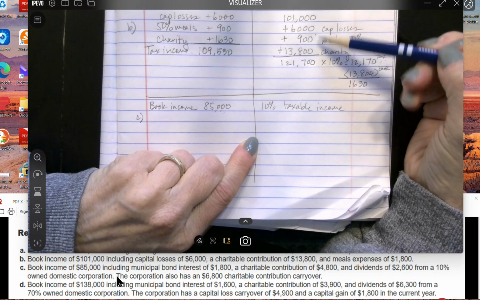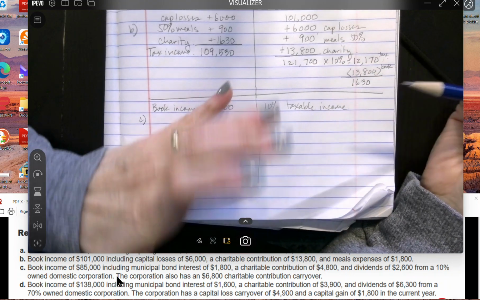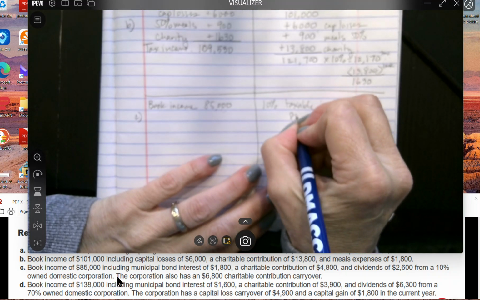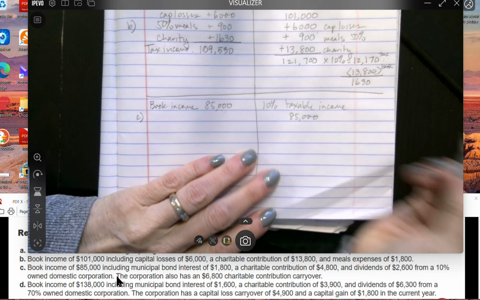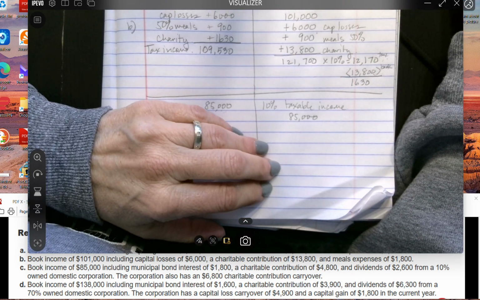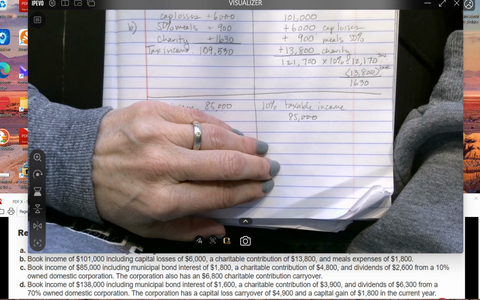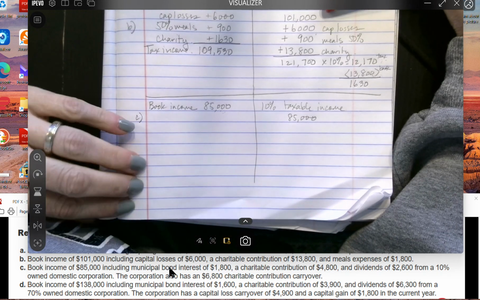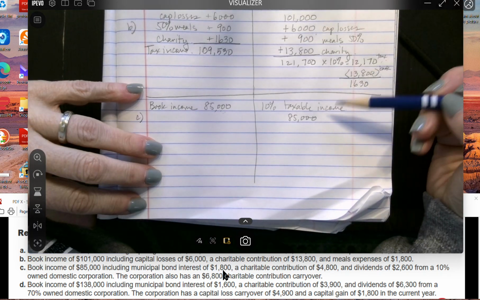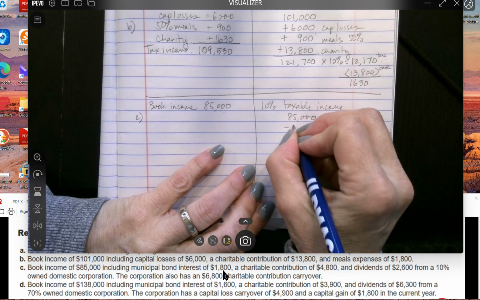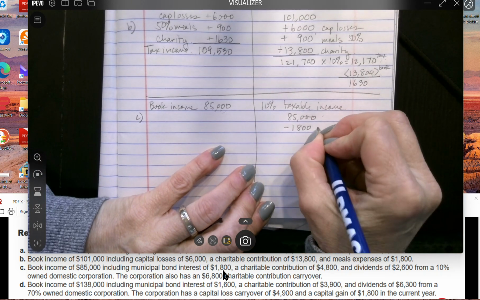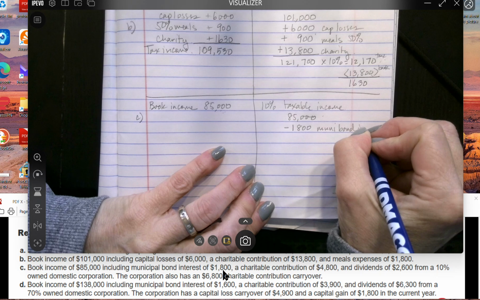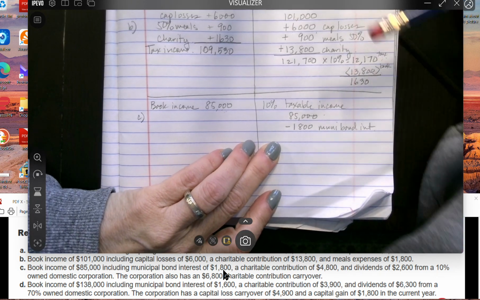We actually don't have to make any adjustment for it because it's not included in the first place in that amount. So we're going to start with our 85,000. All right. So we are then going to subtract. Okay, so we got the municipal bond interest, which would be included in there. So now we're going to subtract 1,800 for the muni bond interest. That's our first subtraction.